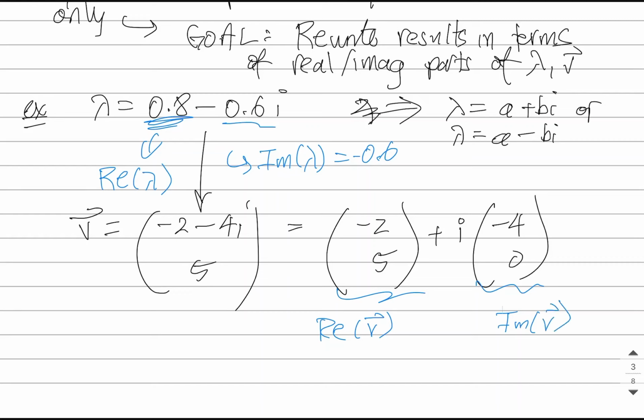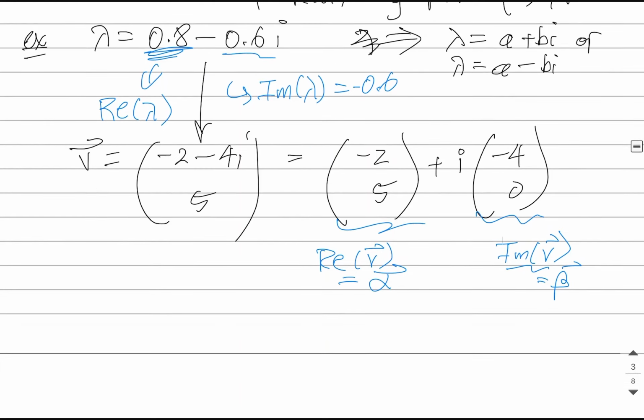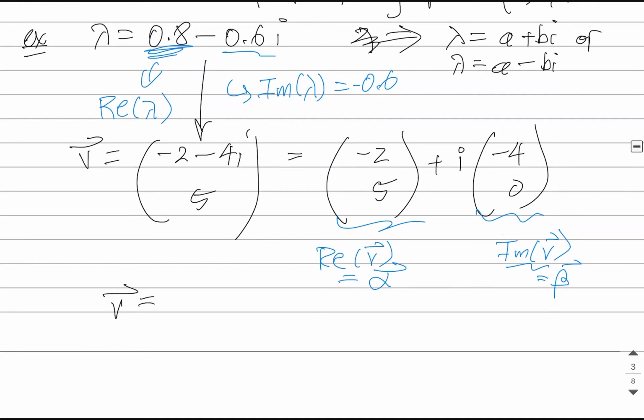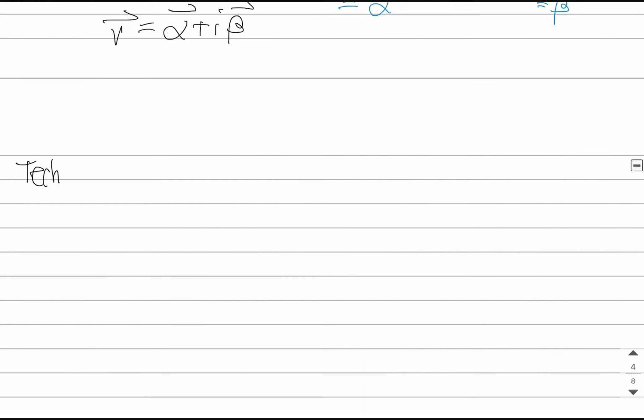And if I feel like it, I could say, well, let's denote this as vector alpha and vector beta. And so that means whenever we have an eigenvector with complex values, we could write it as vector alpha plus i vector beta.